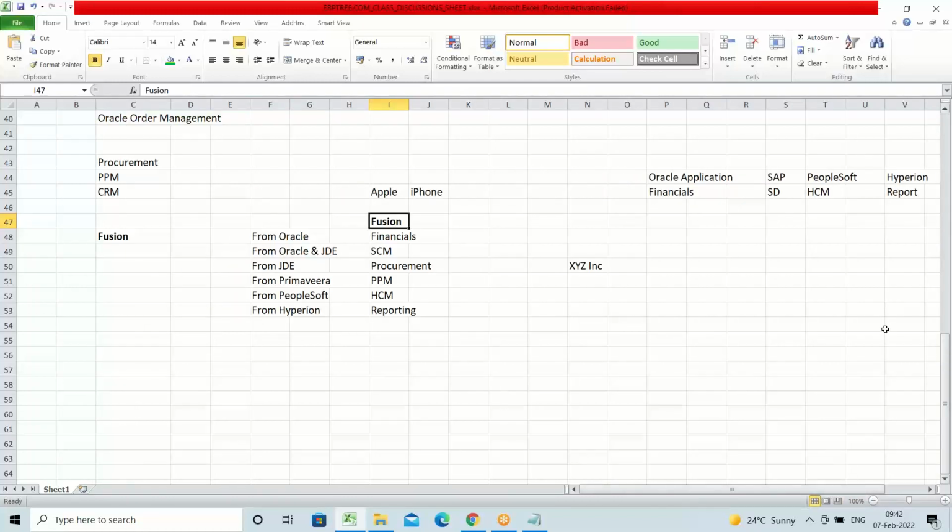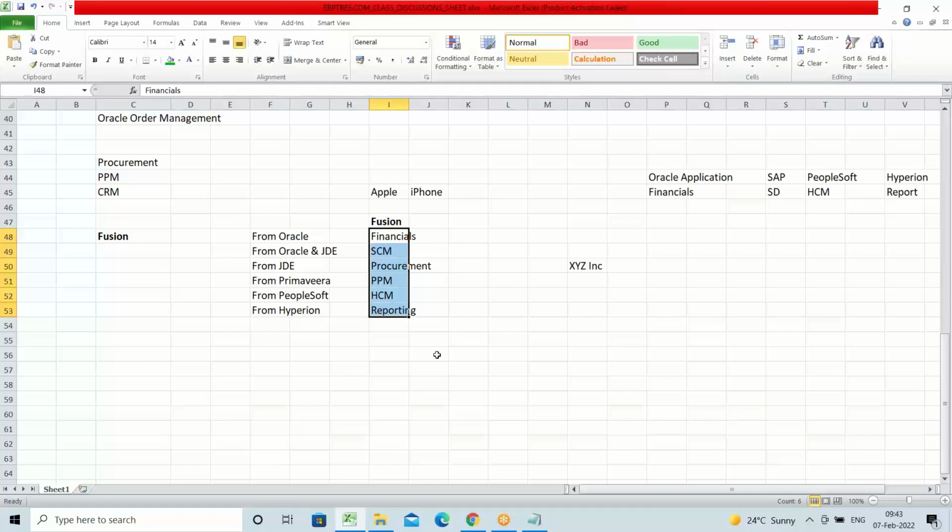But I can say in Fusion everything is good. This is the meaning of Fusion. They fused, they taken everything into one platform as a Fusion.